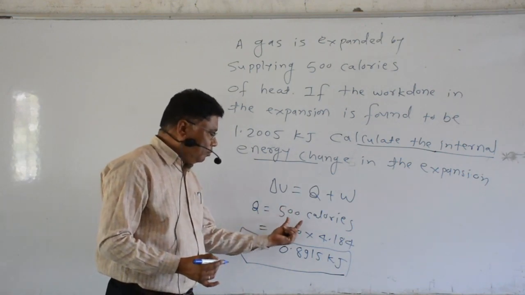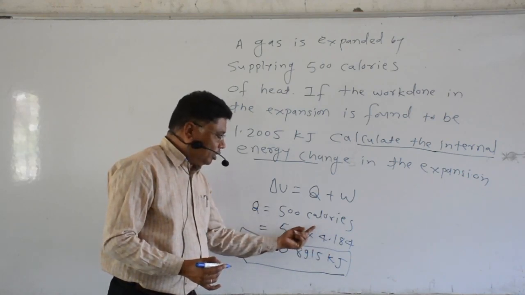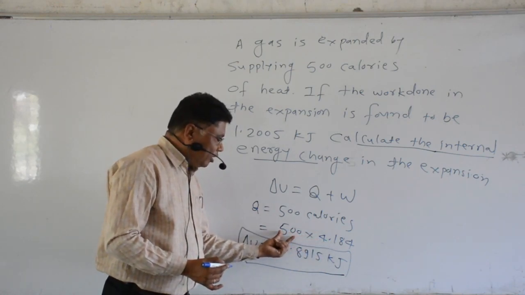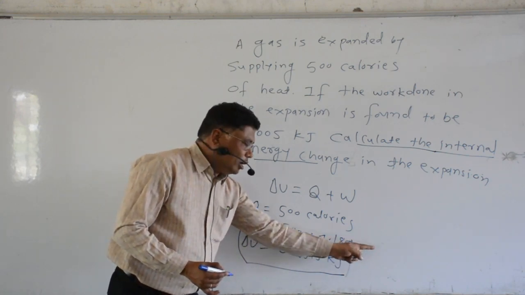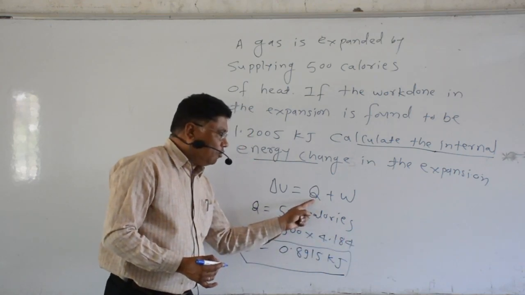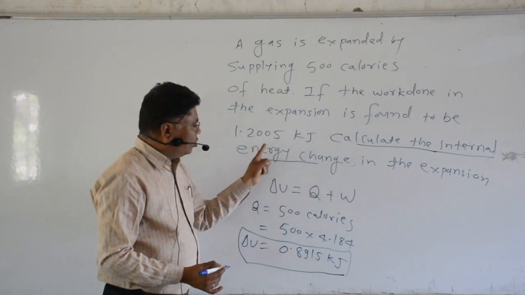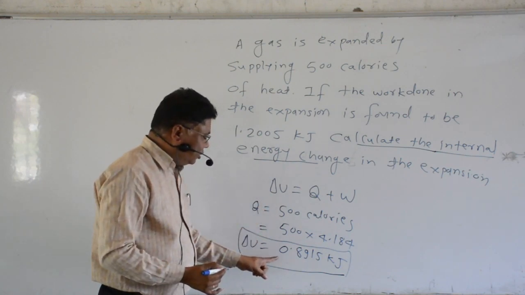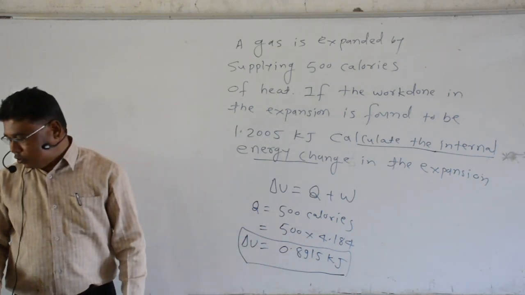So when we multiplied 500 calories by 4.184, because 1 calorie is equal to 4.184 joule, first of all we get this value in joule, later on it is converted into kilojoule, and this value is kept in this equation for Q. W is given in kilojoule, so we get the final change in internal energy delta U is equal to 0.8915 kilojoule.